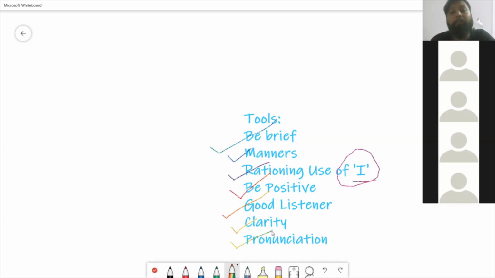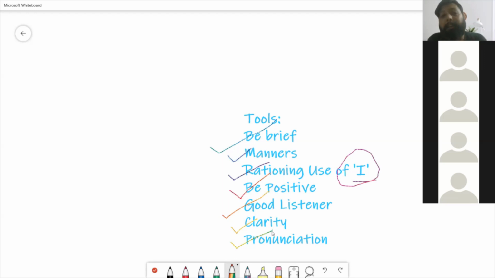And the last is pronunciation. This is again one of the reasons that a lot of people are unable to communicate their idea to the other person. They know the right words, they have the right mannerisms, they also don't use a lot of I, they are very positive, they're good listeners, they're answering a question that the other person has asked them. They have their message very clear. They know what the priority is. They know what the message is that they want to convey. But the pronunciation is incorrect.